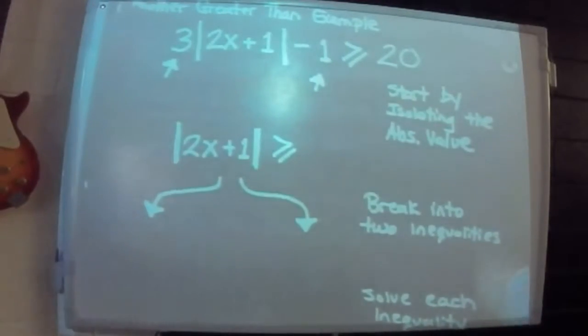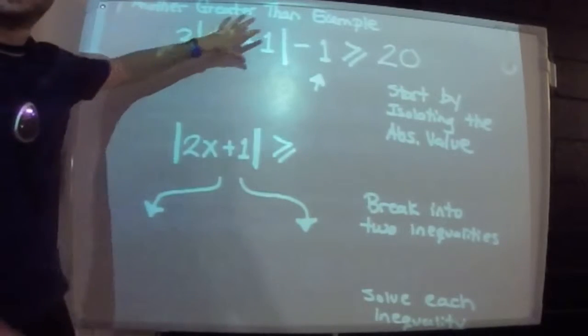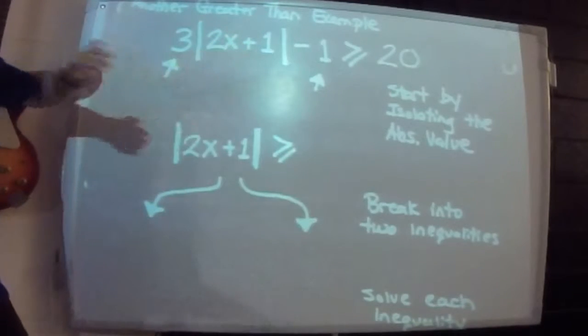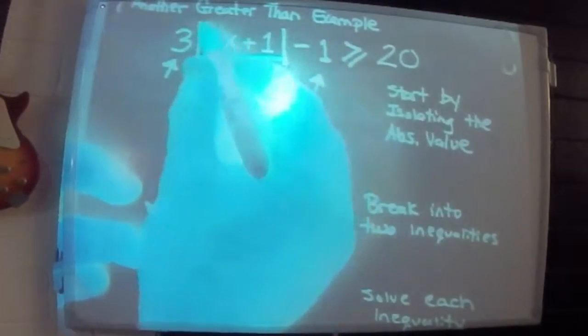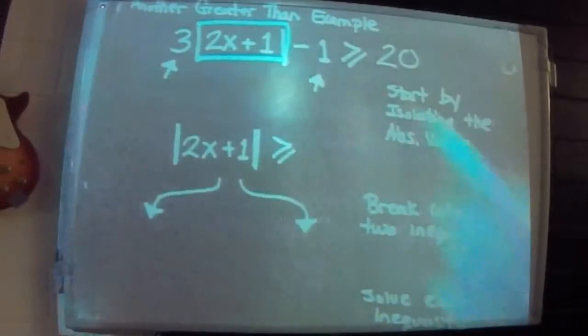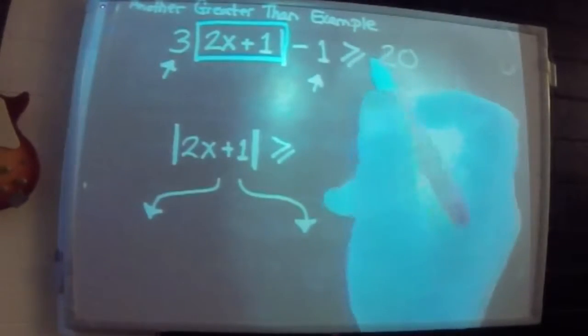Let's look at another greater than example. This one's more complicated because before you can even break that down into two, you have to isolate the absolute value box. So think of this as like a big old variable, the big box. First thing we do is add the 1 over.